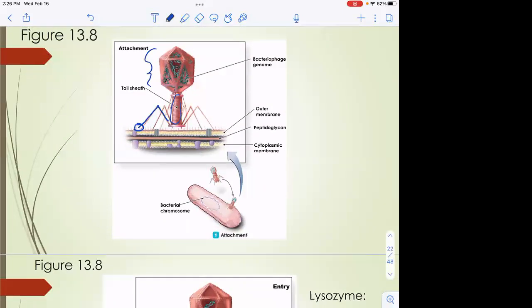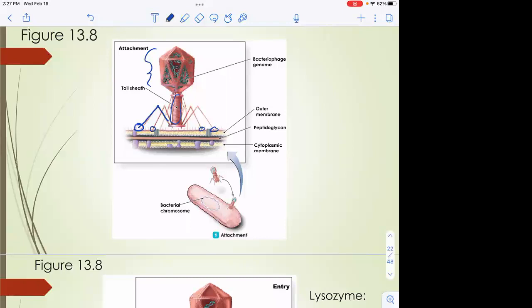Bacteriophages don't have a way to locomote themselves or move purposely. So they are just landing on an E. coli bacteria by random motion. They kind of bump into it. Oh, yep, this is the kind of cell that I can infect. And so it will attach, again by proteins there.